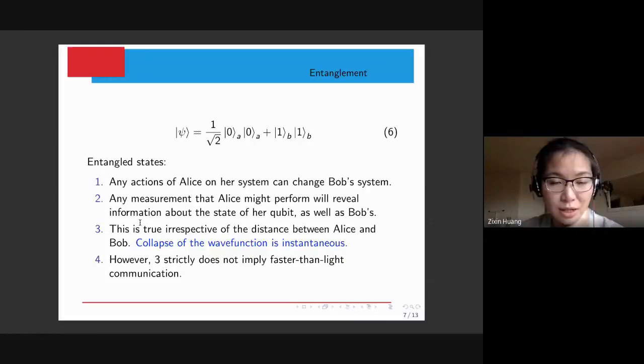The collapse of the wave function is, as tested by experiments, instantaneous as far as we can tell. A follow-on point from that is, three, the collapse of the wave function being instantaneous does not imply superluminal communication. So I want to show you some evidence for number 3 there.